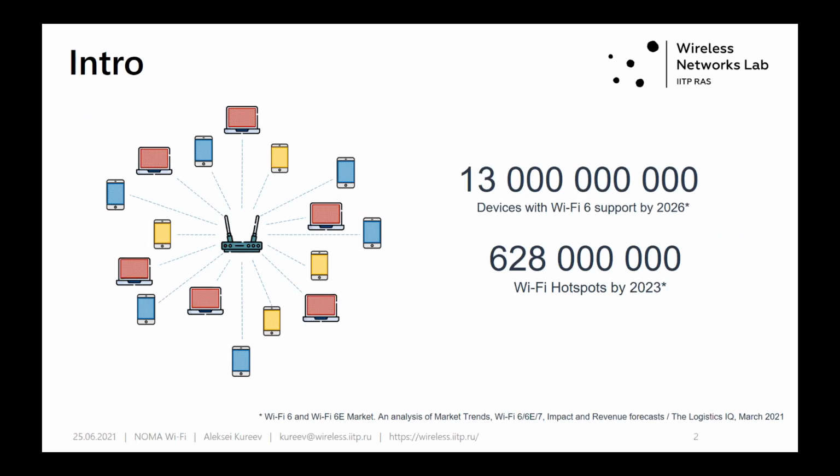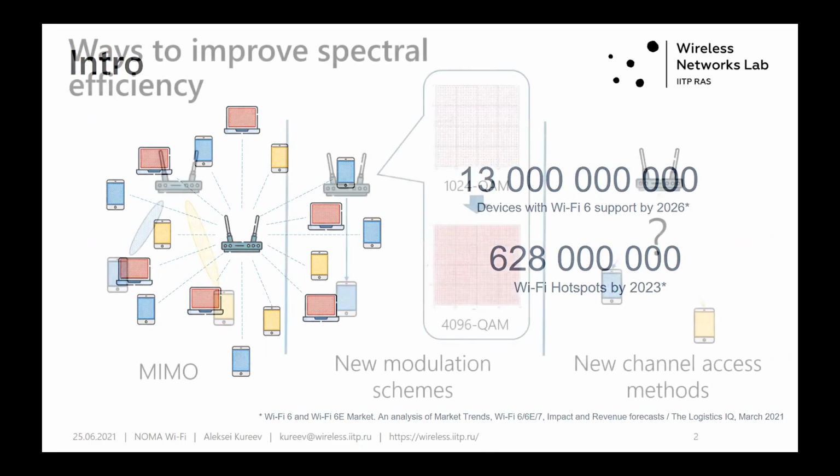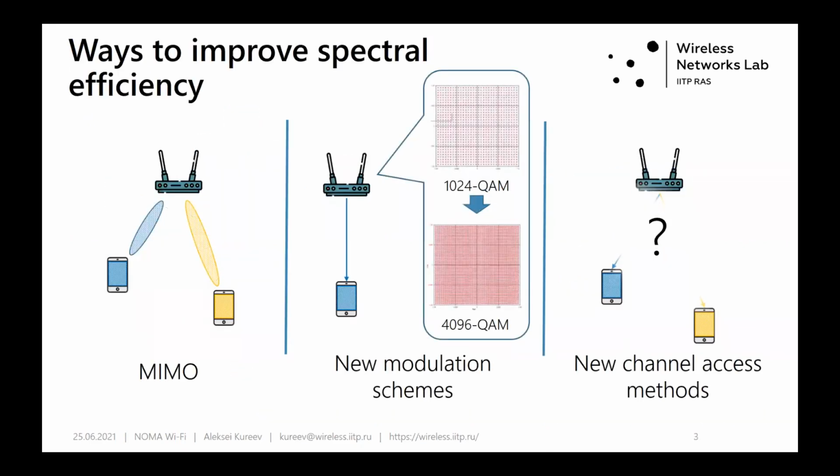Actually, if we think about non-orthogonal multiple access, we can think first: why do we need to implement this new access technique? The main idea is to increase the overall spectral efficiency of wireless networks and the achievable data rates of the whole network. And how can we do it in other ways?